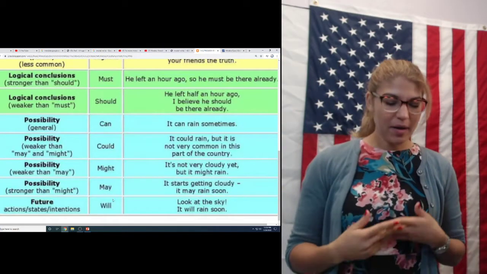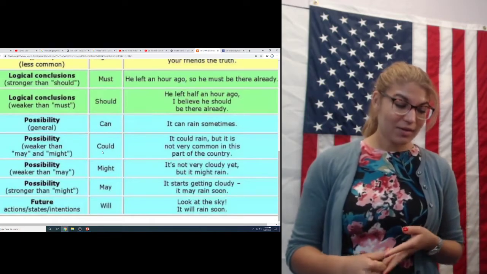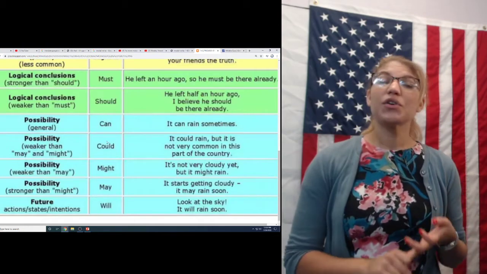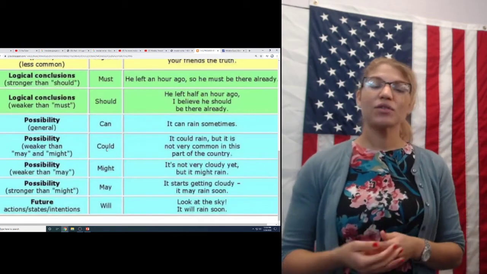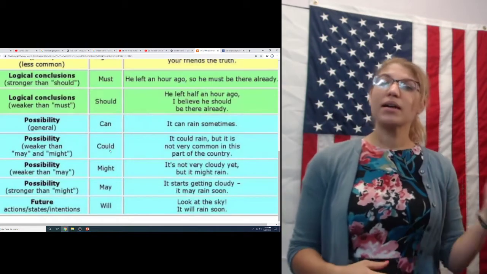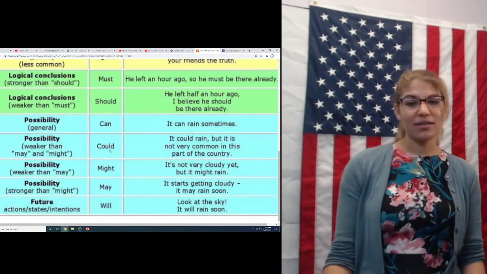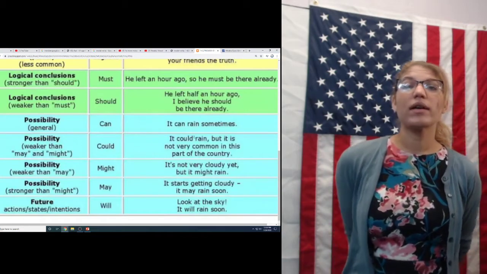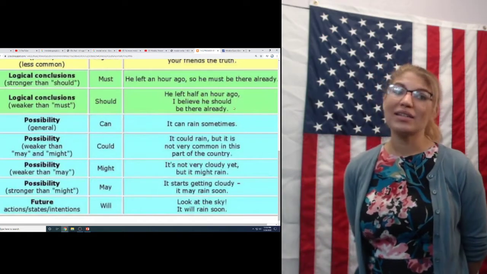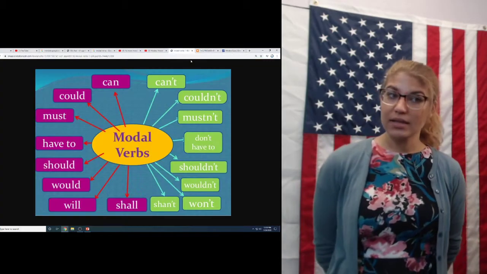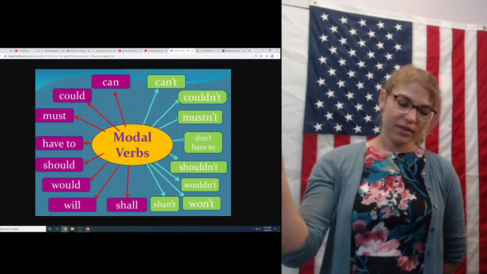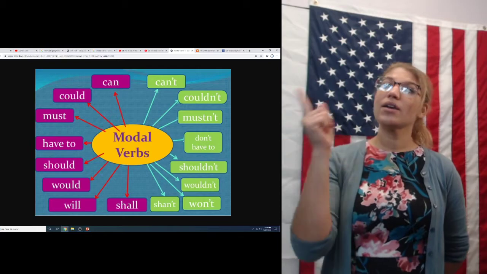When we talk about a possibility of the past, especially, we'll use the word could. Could is always in the past or the future. So, because we're talking about the past, in this case, we are going to use the word could. And if you go to the negative visual, with the word could, in the negative it's couldn't. I couldn't.